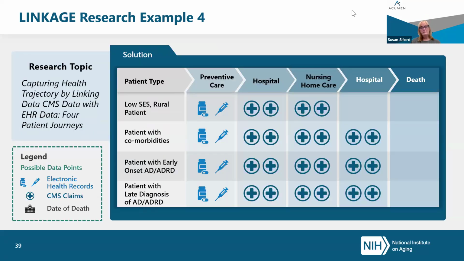And finally, the use of CMS data is especially helpful for capturing the health trajectory. And looking at your patient's journey over time, and even breaking it down into different segments of the population, like rural patients or patients with multiple comorbidities, patients with early onset Alzheimer's disease or late onset Alzheimer's disease, and looking and comparing preventative care, hospital care, when they've transitioned into the nursing home, how many times they go from the nursing home into the hospital, and then eventually to death.